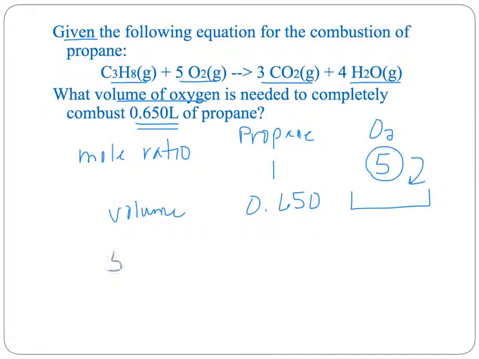So if we multiply 5 times 0.650, then it tells you that we're going to need 3.25 liters of oxygen in order to fully combust the 0.650 liters of propane.